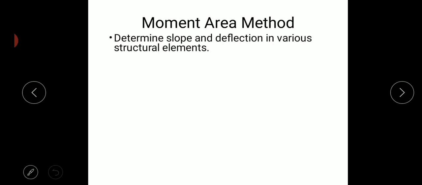If the load is applied beyond the elastic limit, the structure will deform with an eccentric distance with reference to its initial position. That eccentric distance is called deflection, or it is also called deformation.